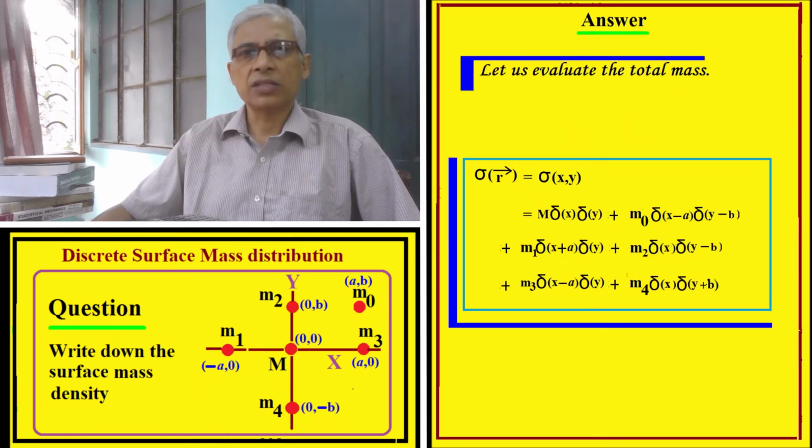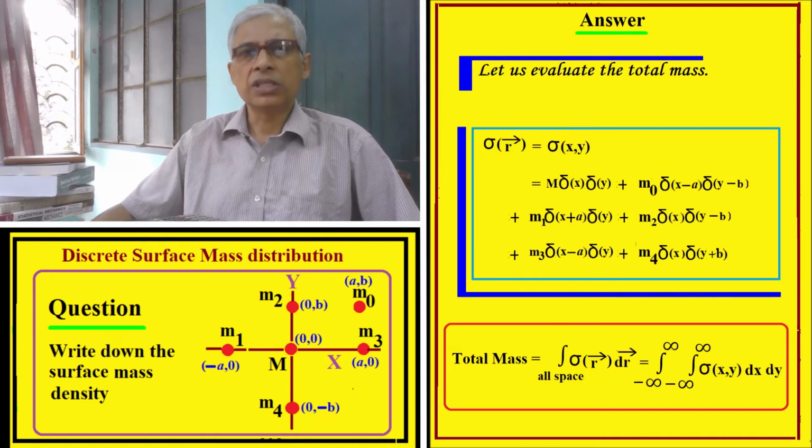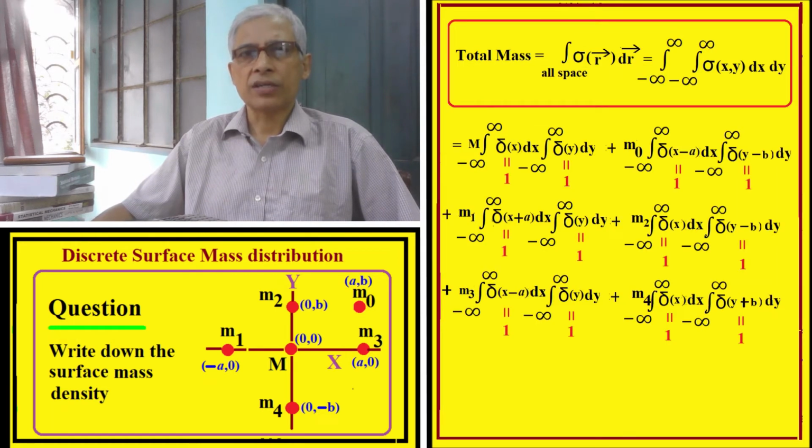Let us check our result by evaluating the total mass using the formula, namely integration over sigma dx dy as shown. We can evaluate using the property of Dirac delta function that area under it is unity. So the total mass has been obtained. You can check the calculation, which is easy and done here.